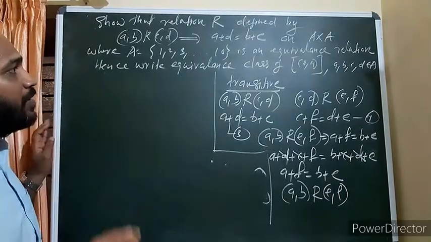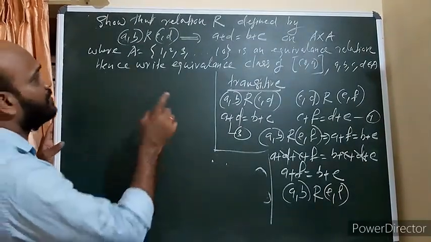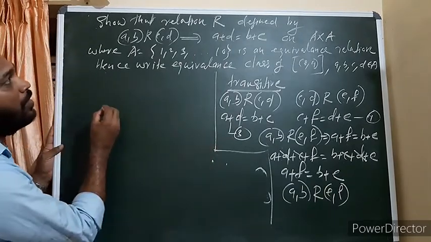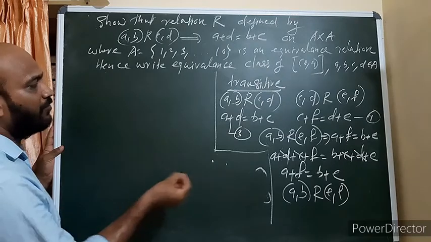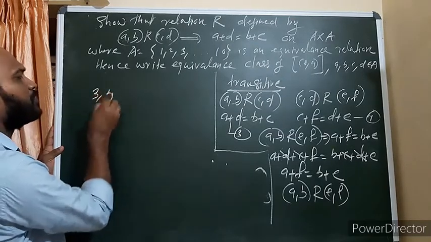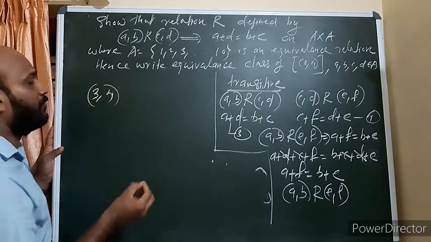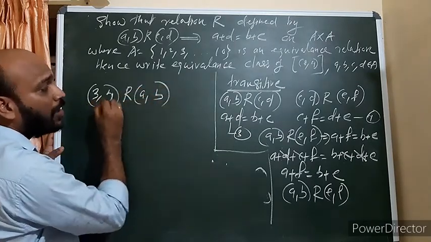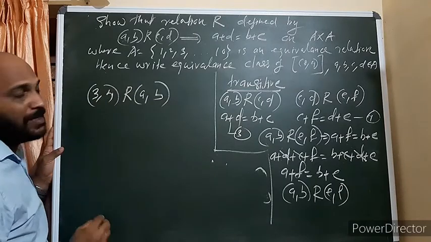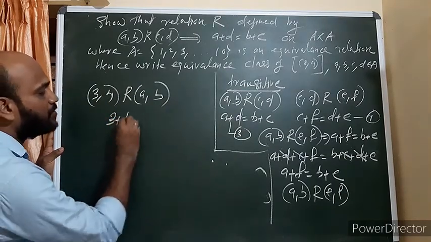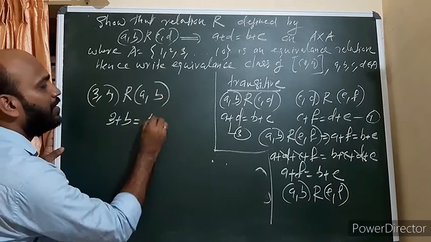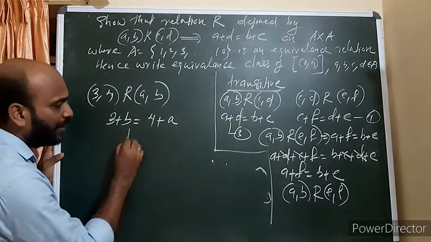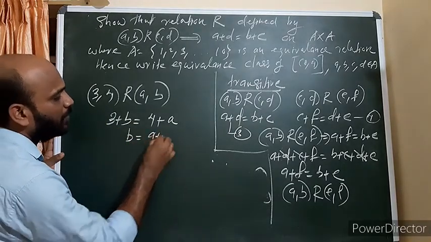Now we want to solve the sub question. It asks to find the equivalence class of (3, 4). That means you have to find all ordered pairs related to (3, 4). Suppose (a, b) is related to (3, 4). (3, 4) is related to (a, b) if it satisfies the condition first plus fourth equals second plus third. From this equation, we will get b equal to a plus 1.